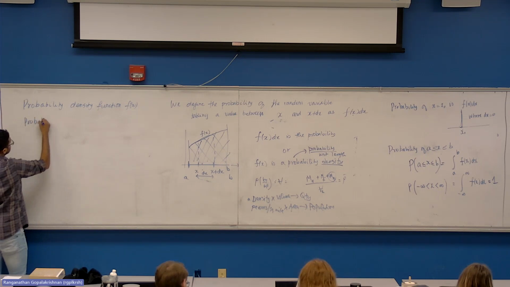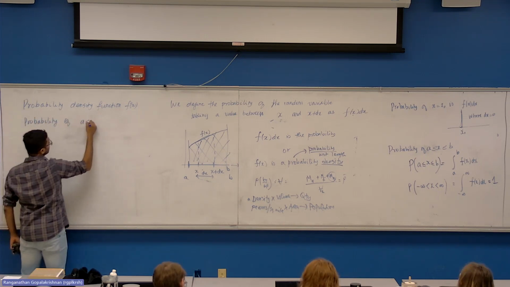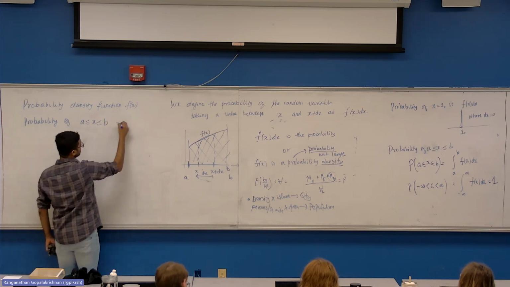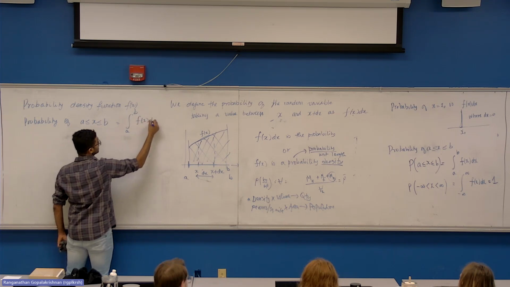The probability value of, let's say, a less than or equal to x less than or equal to b, is integral a to b f of x dx.